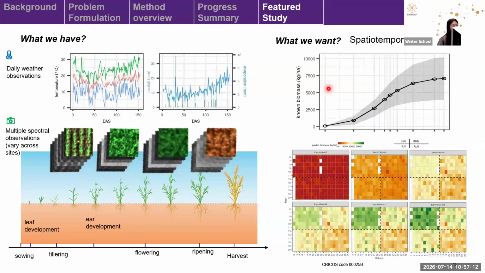But we want to know how the crop biomass changes over time on a temporal scale, and also how the difference between plots within the field changes on a spatial scale as well.